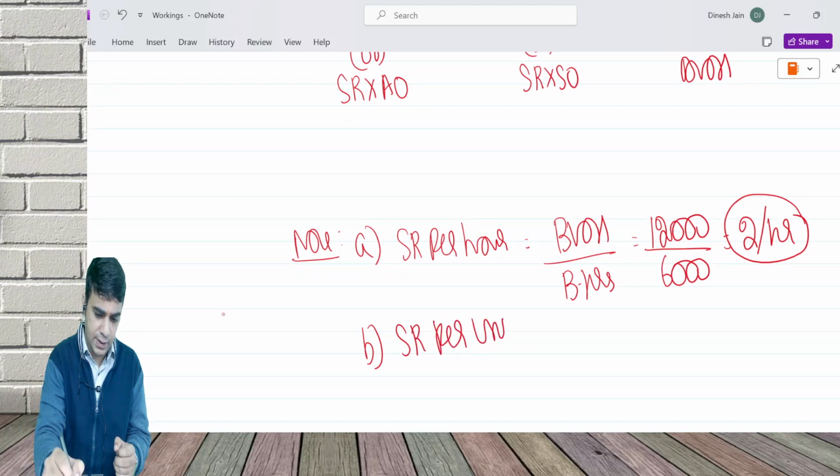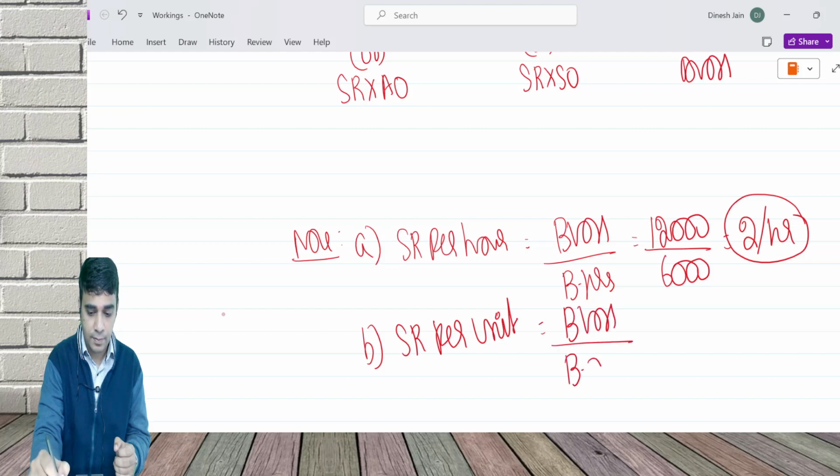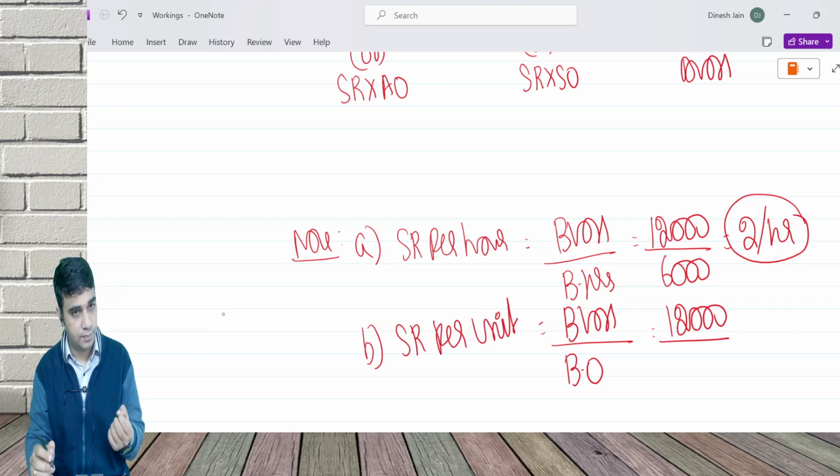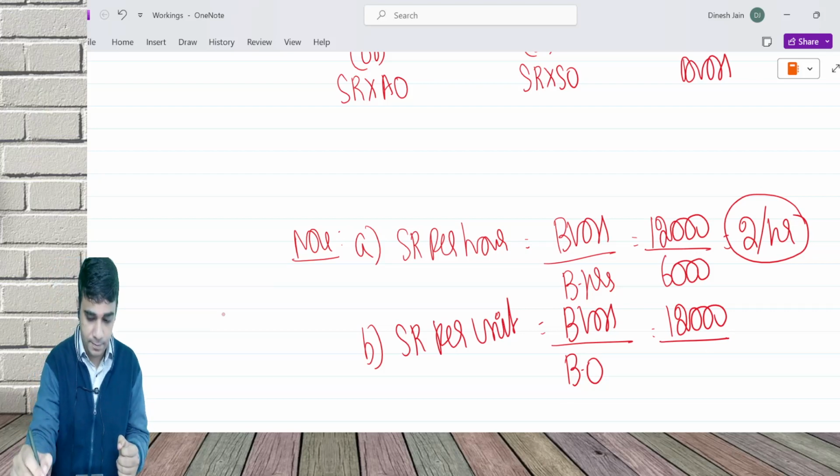SR per unit is equal to budgeted variable overhead by budgeted output. How much is the output? 12,000 output.